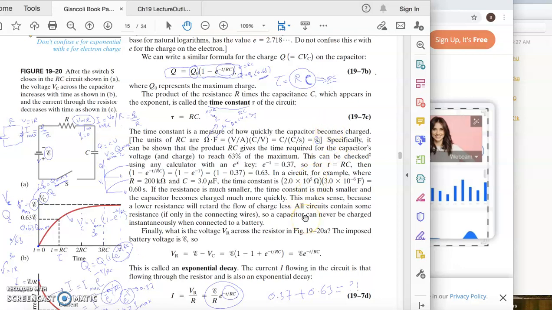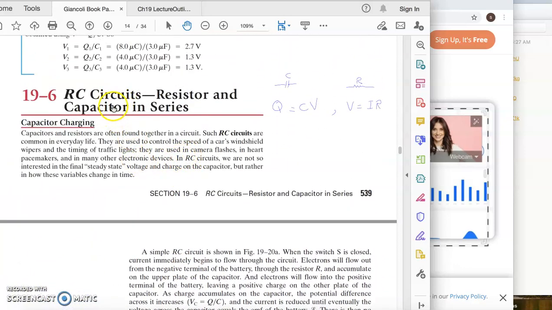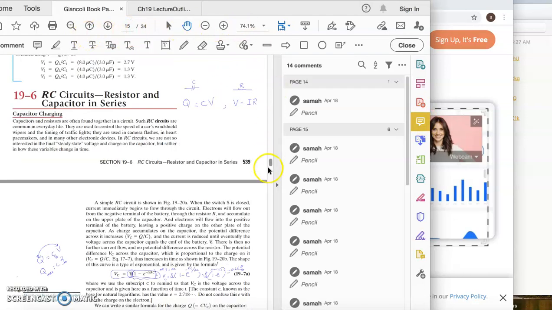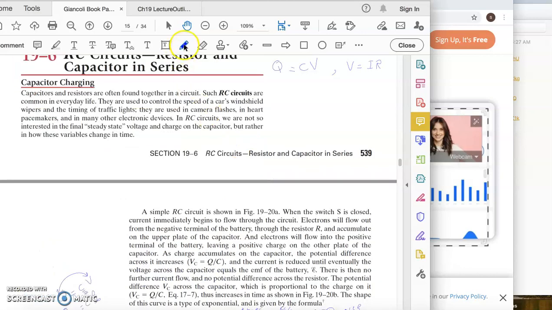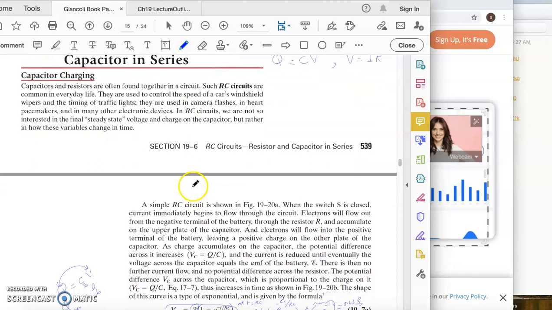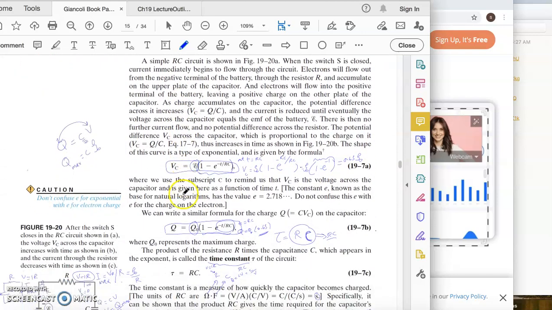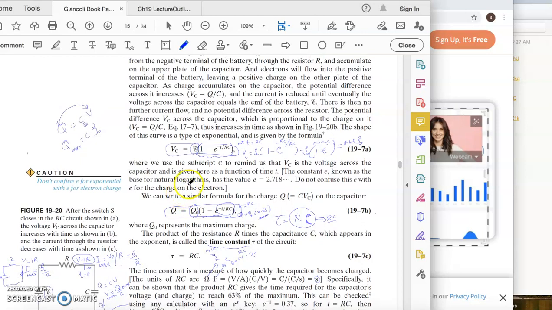All right, so we have discussed charging and discharging the capacitor in RC circuits. And in this video, I will mention something that I have not mentioned in the previous videos, so that we will reduce the confusion.